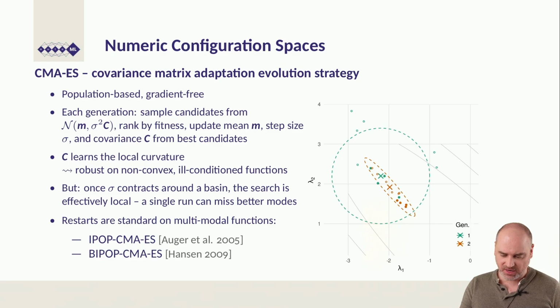So you're doing runs with larger or smaller population sizes. For IPOP, you pretty much just double your population size, while for BIPOP, you have a balanced schedule, so to speak, where you have smaller and larger population sizes going on.